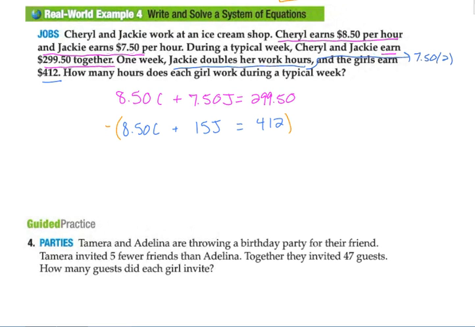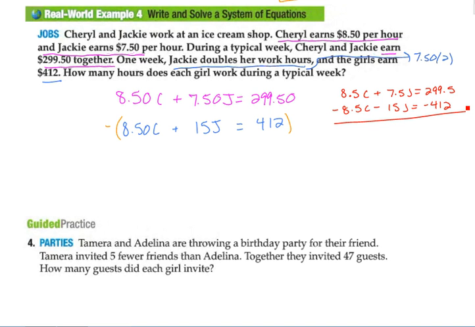So in order to do that, I'm going to set up two final equations over here. We have 8.5c, I'm going to get rid of that 0, plus 7.5j equals 299.5. Negative 8.50c minus 15j equals a negative 412.